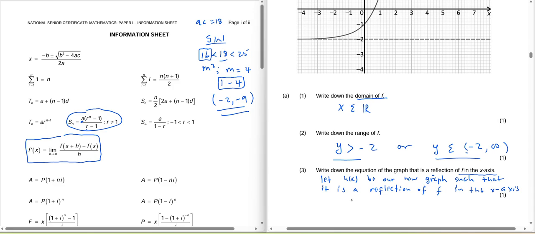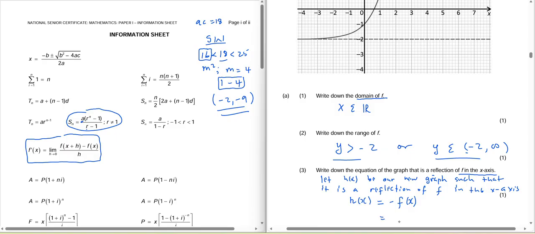So what that means is that h of x is going to be what? When you are reflecting in the x-axis, your minus should be outside. So you are going to say minus f of x. If it were reflected in the y-axis, your minus would be inside the bracket. That's what you need to remember.